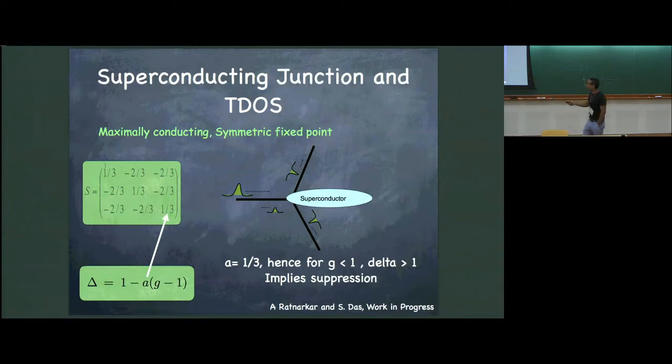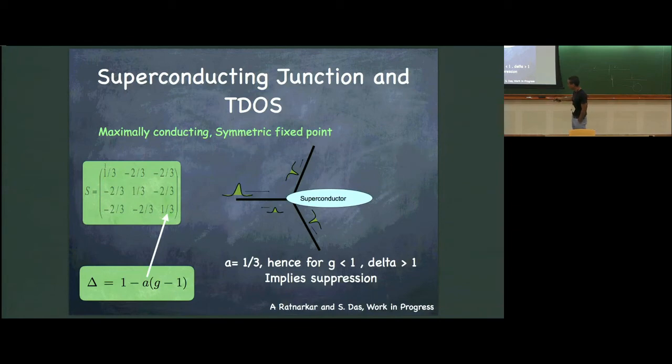This is the superconducting analog of the most symmetric junction, where if you send in an electron, 1/3 of the electron comes back, 2/3 hole goes back, and 2/3 hole bounces off this way.